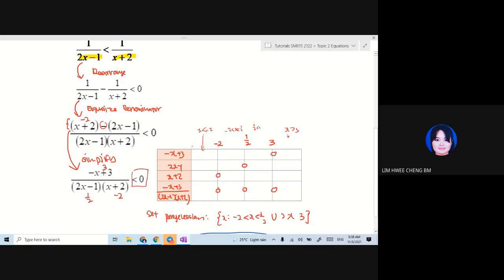Bring down first. Then only you start to hash the region. I prefer to choose 0. 0 plus 3 is positive, positive, positive. You meet 0, you change sign. And the 0, 2x minus 1, so you have negative, negative.